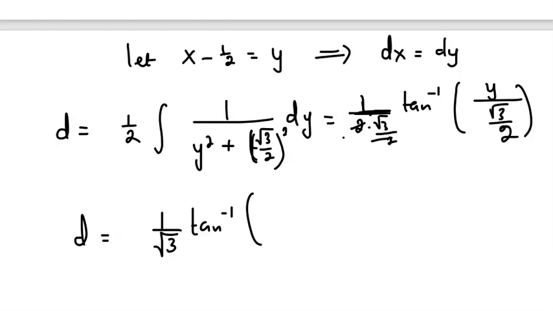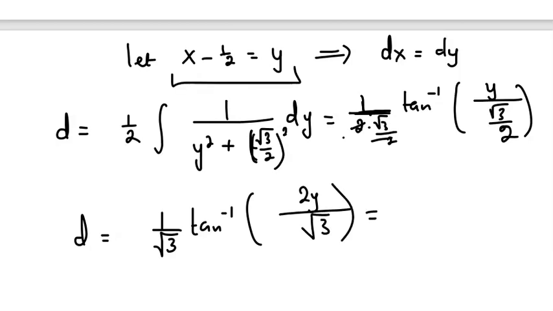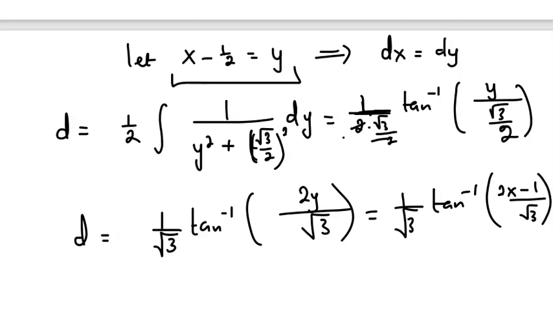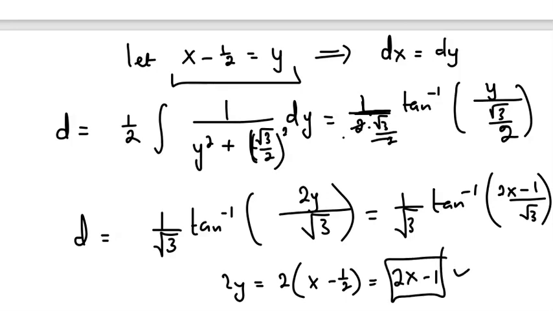So what is wrong with me? Okay, so y divided by square root of 3 over 2 is same as 2y over the square root of 3. When you make your substitution again, recalling this, so we get 1 over the square root of 3 times the inverse tangent of 2x minus 1 over square root of 3. How did I get 2x minus 1? We know 2y is equal to 2 into brackets x minus 1 over 2, so open the bracket to get 2x minus 1. Hope you get the idea.